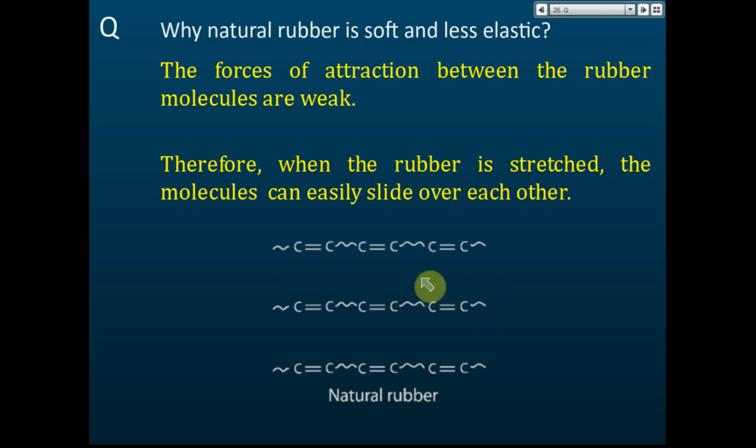If you stretch the rubber, these molecules can easily slide over each other. You pull this to the right, it goes to the right; you pull this to the left, it goes to the left. One molecule can slide over another easily, so this makes it soft and less elastic.